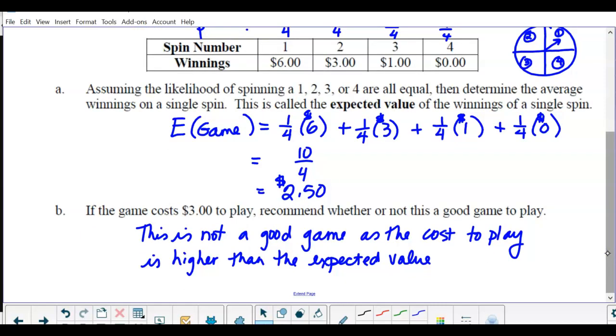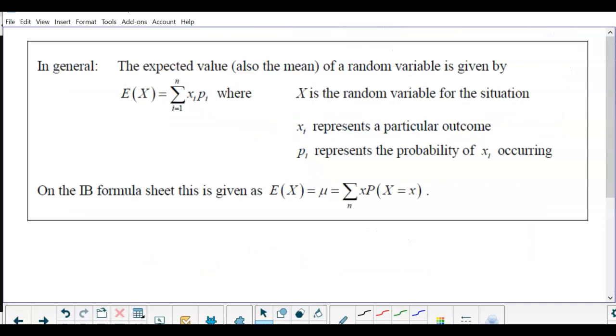All right, so again in summation notation, it's given to you in the box at the bottom. As I said, expected value, also the mean of a random variable, is given by multiplying each outcome by its probability, for each possible outcome. So x1 represents a particular outcome, p1 is the related probability, and X is the random variable for the situation overall.